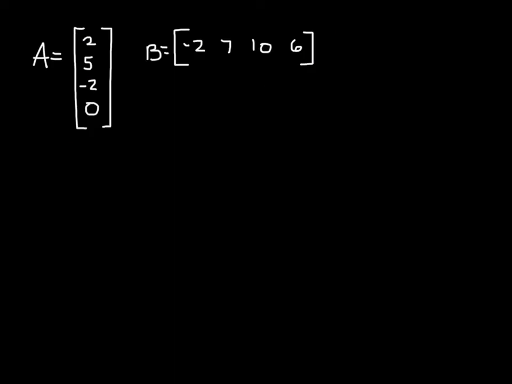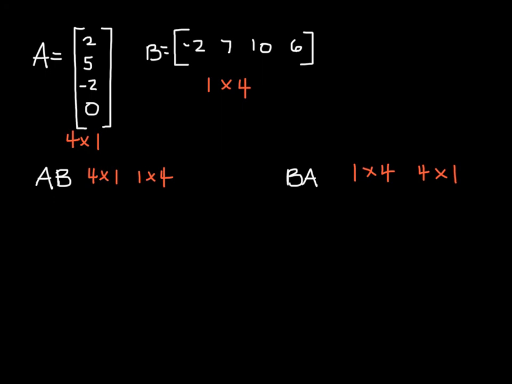Okay, so write down this AB. Figure out if I can multiply A times B. And figure out if I can multiply B times A. So here are my dimensions. And these match. My result is going to be a 4 by 4. B times A, these match.